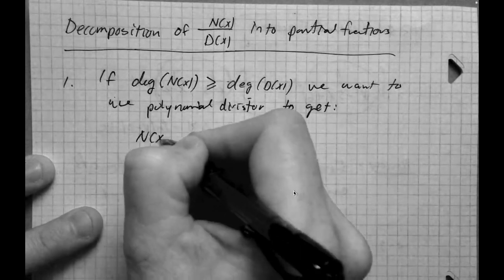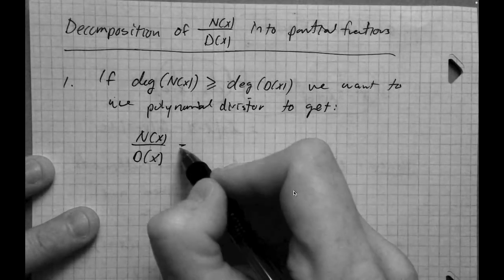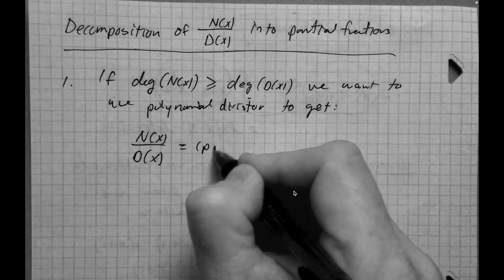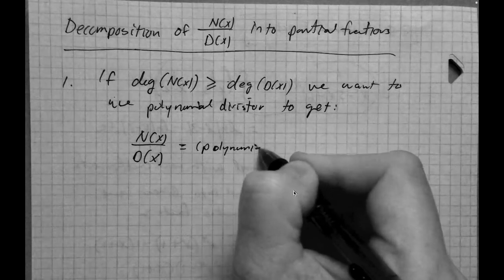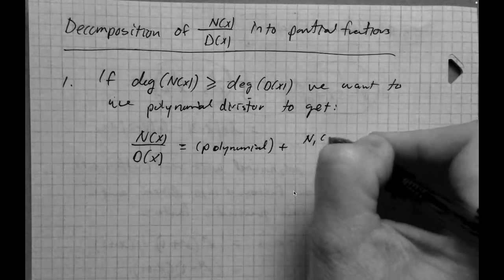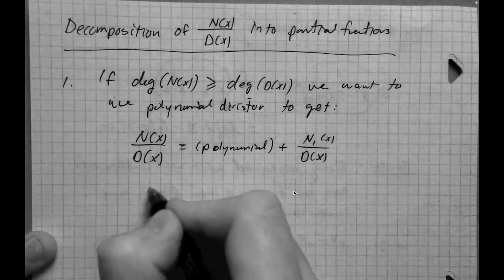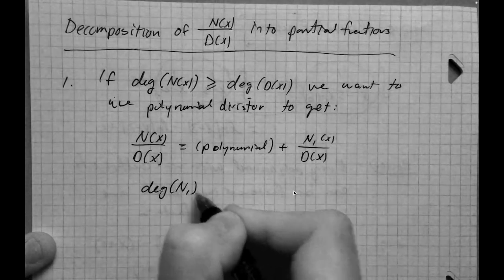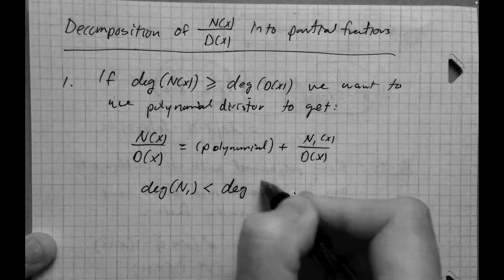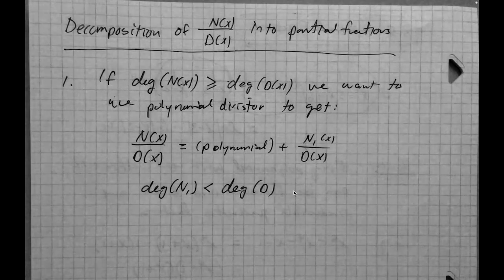If you do polynomial division, you'll get n(x) over d(x) equal to some polynomial plus a new fraction n1(x) over d(x). And in this case, the degree of n1 will be less than the degree of d. Okay, so that's step one.